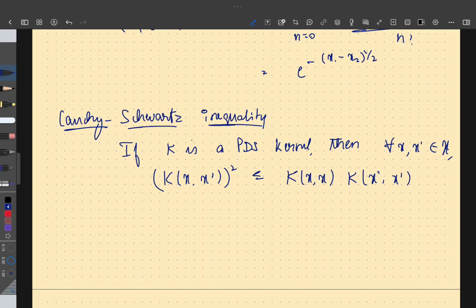And this is just a two-line proof. How do you prove this? It also gives a very two-line proof of the standard Cauchy-Schwarz inequality, I mean.